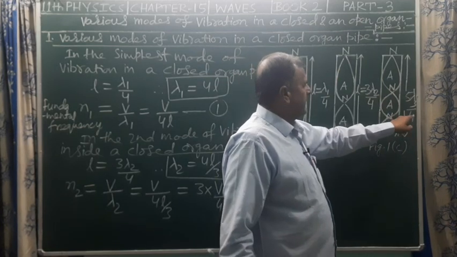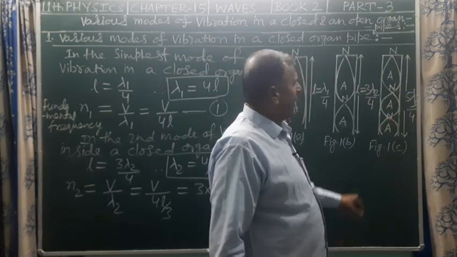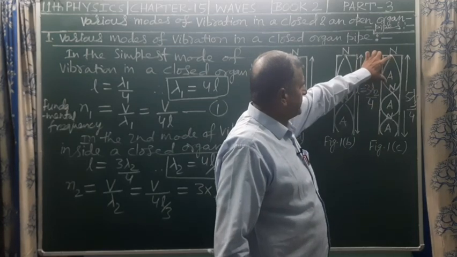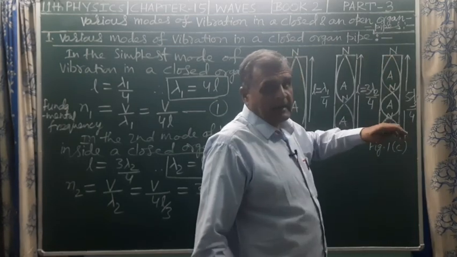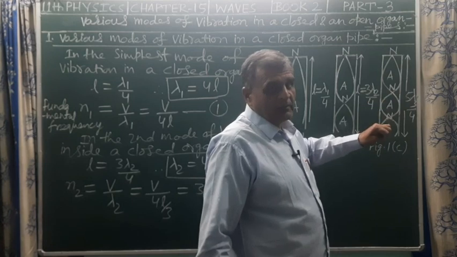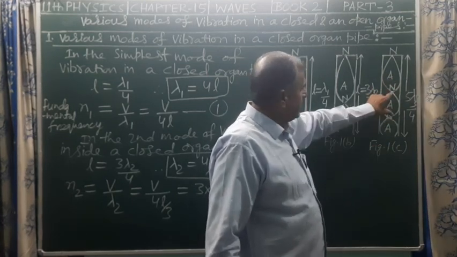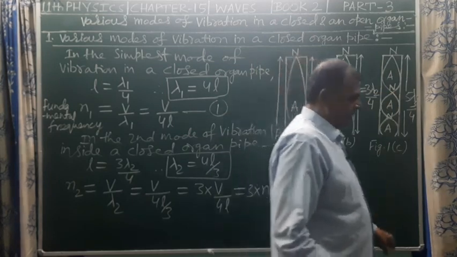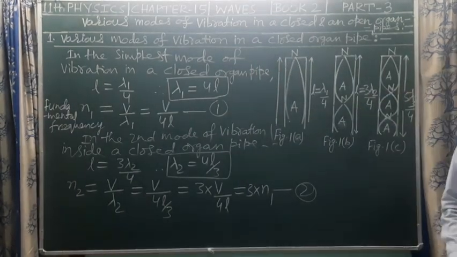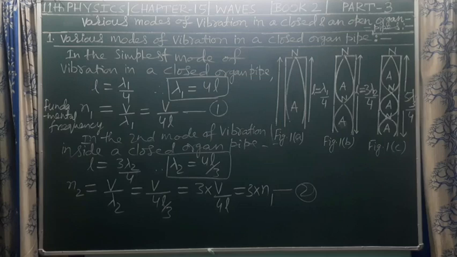5 lambda 3 by 4, because the distance between two nodes is lambda 3 by 2, which can be written as 2 lambda 3 upon 4, and the distance between the other two nodes is also lambda 3 by 2, which can also be written as 2 lambda 3 by 4.